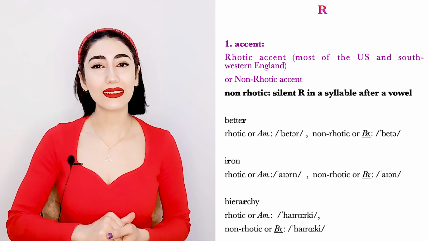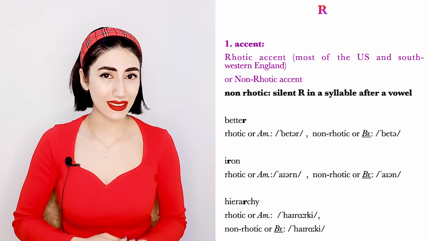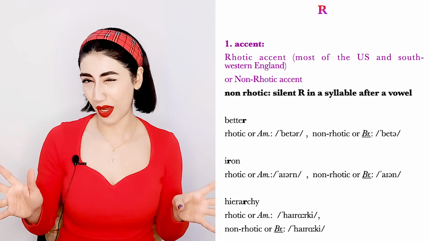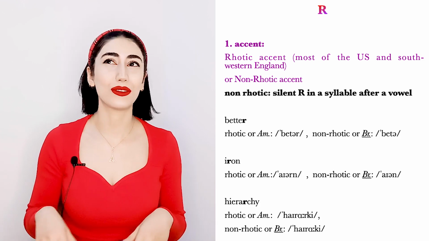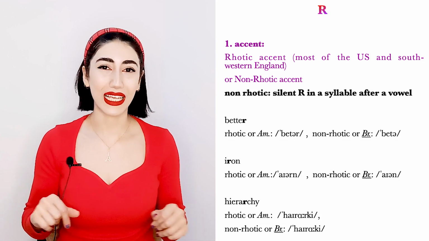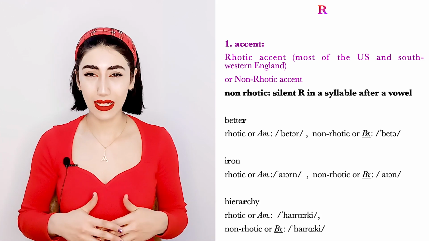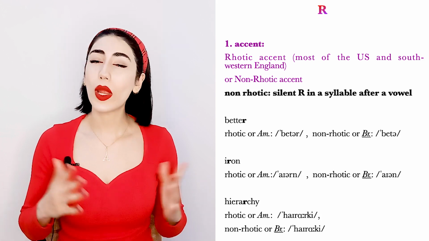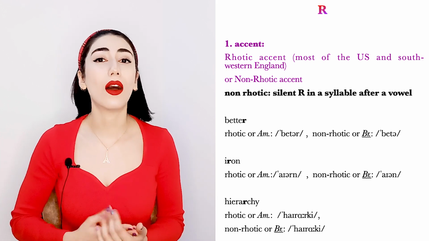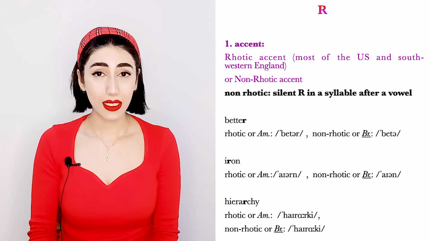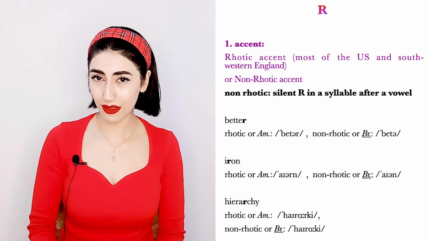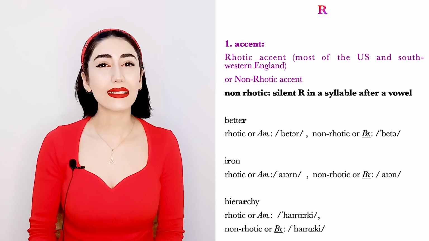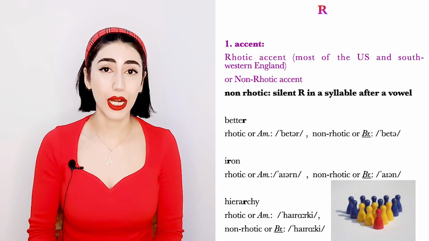On the other hand, in non-rhotic accents, you don't like that much this R sound, so you prefer to bleed it whenever you can, which happens mostly among the British. When do they make this silent R? When R is in a syllable after a vowel. Consider R in better and iron, and the second R in hierarchy.